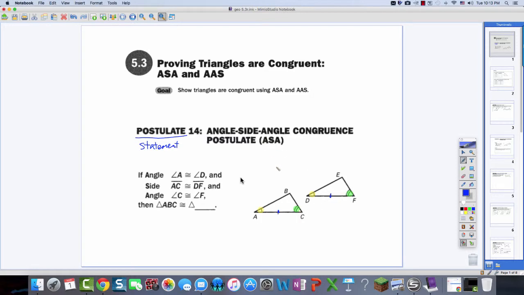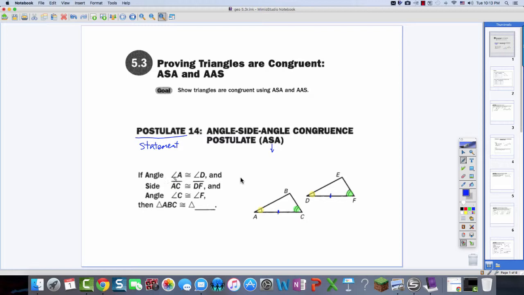I've got ASA. Notice that this S has to be sandwiched between two angles. So it goes angle A, AC, and then angle C. If this side is AB, it's not going to work because that's not sandwiched between two angles. So it has to be sandwiched.